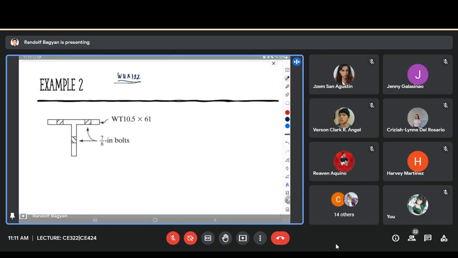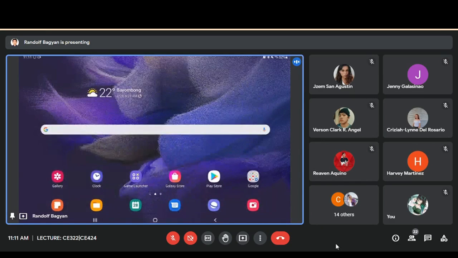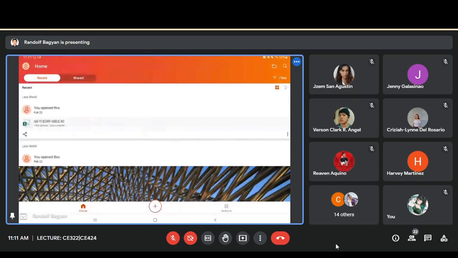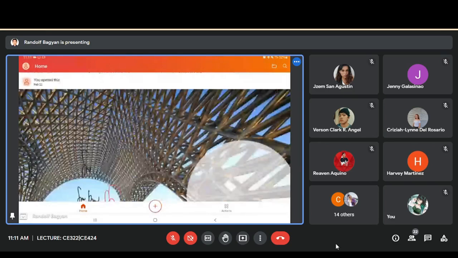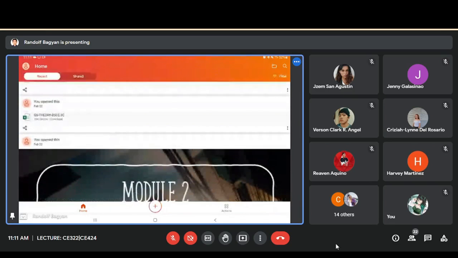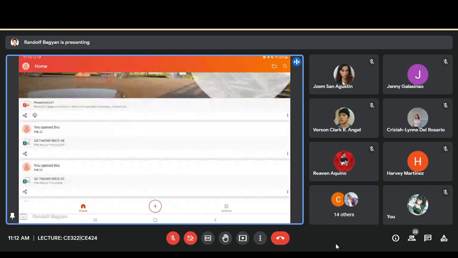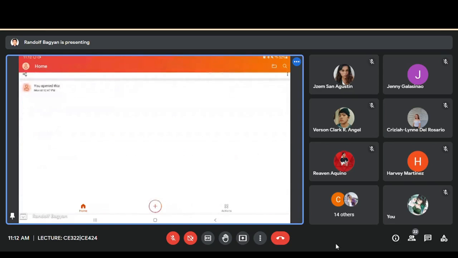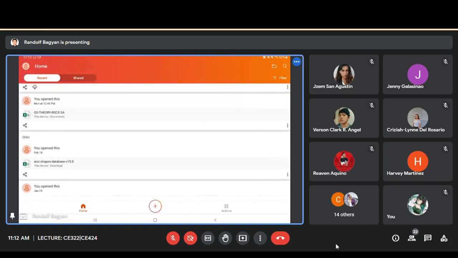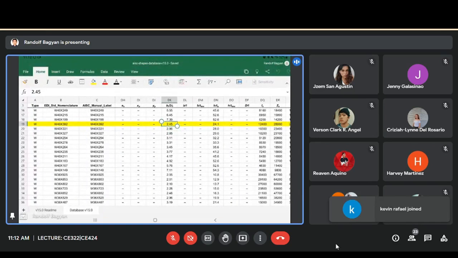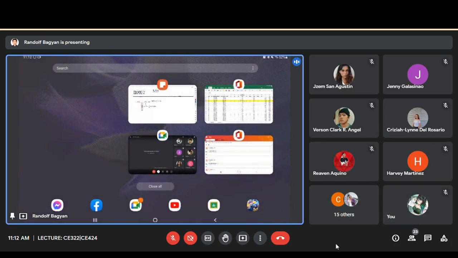Kalahati lang yan ng our section. Saan ko ba i-open dito? Na AISC. Ito, sections database. Ano nga sabi? Ang section yung hanapin natin?